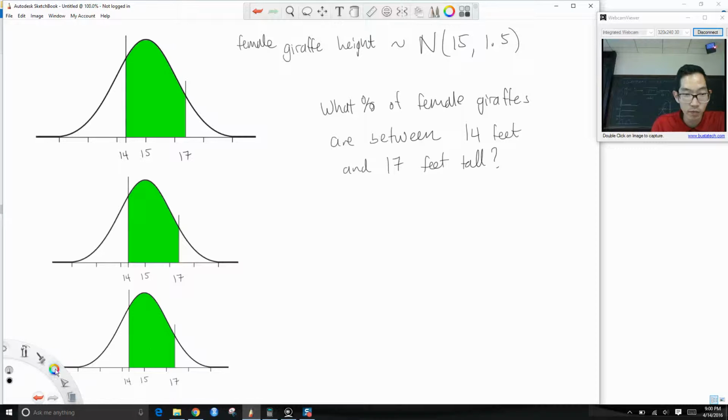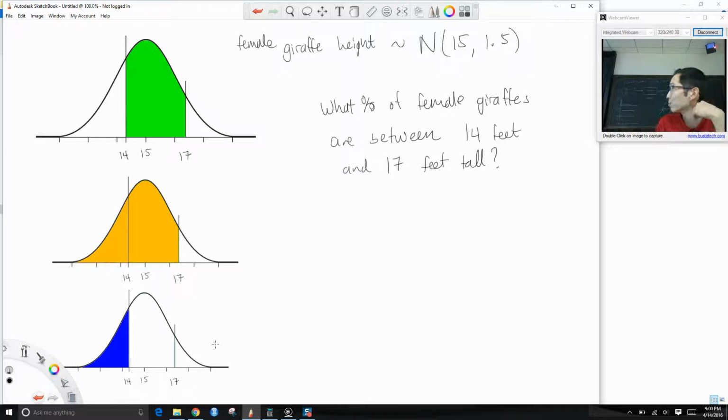I'm going to take the orange area and then subtract off the blue area. If I take the orange area and subtract off the blue area, what I'll be left with will be the green area.